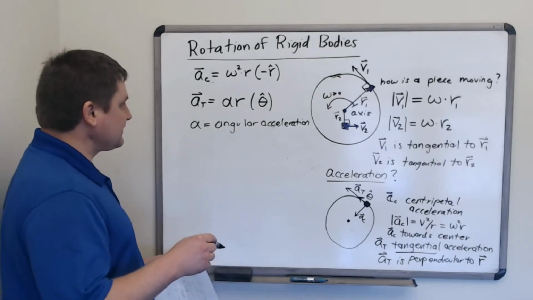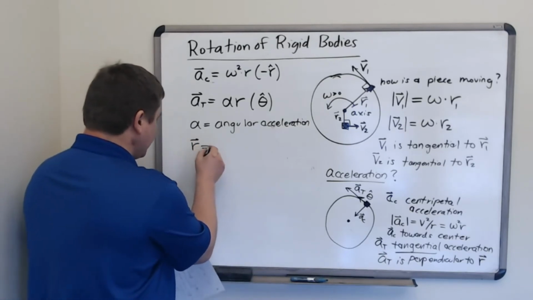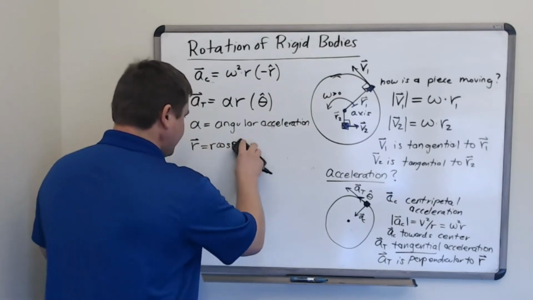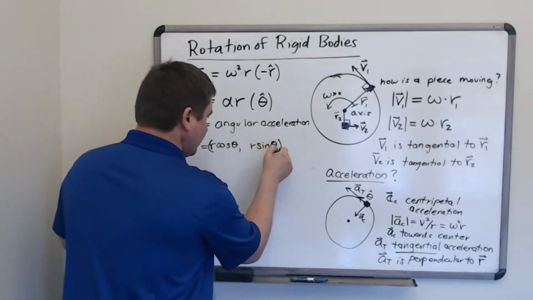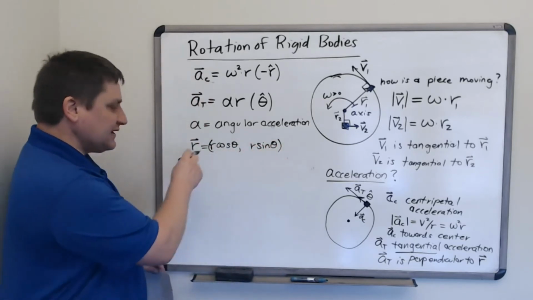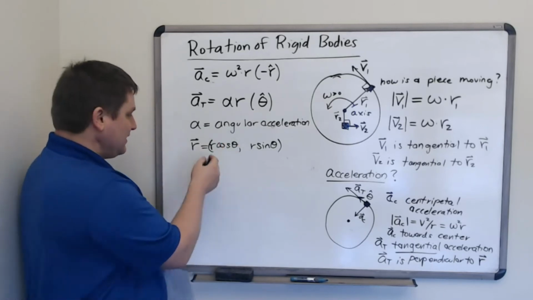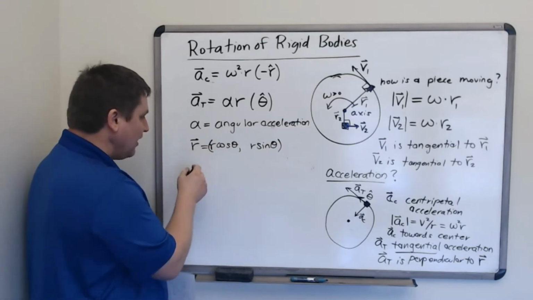It's sort of a proof, but let's go through it here quickly. So this is the position vector of a piece. The angle theta might depend on time in an arbitrary way, but the radius r is constant.